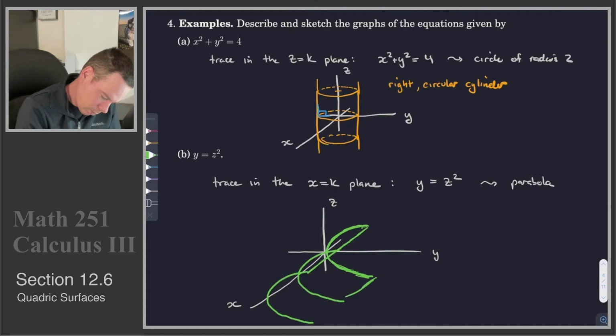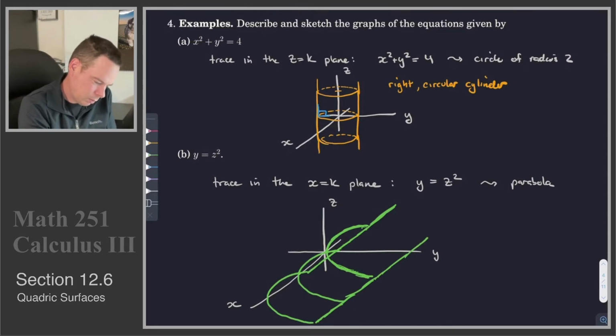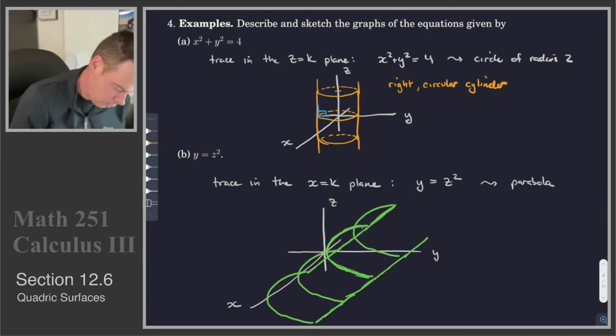Our parabolas join together and go off in the distance like that. Maybe I'll grab one more copy and slide it in back here. And so there is our surface.